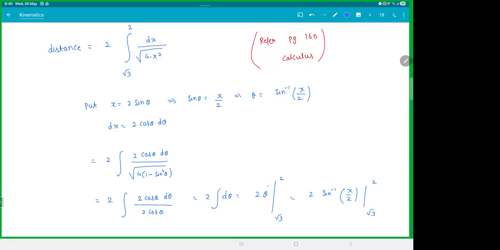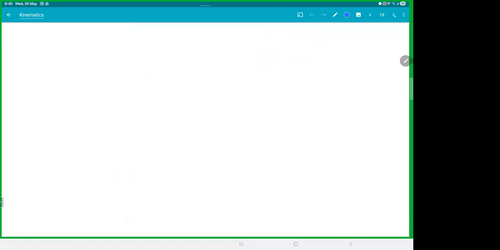There is actually, you can change the limits also here only, but yeah, let's not confuse you. And simplify that when we substitute the limits.